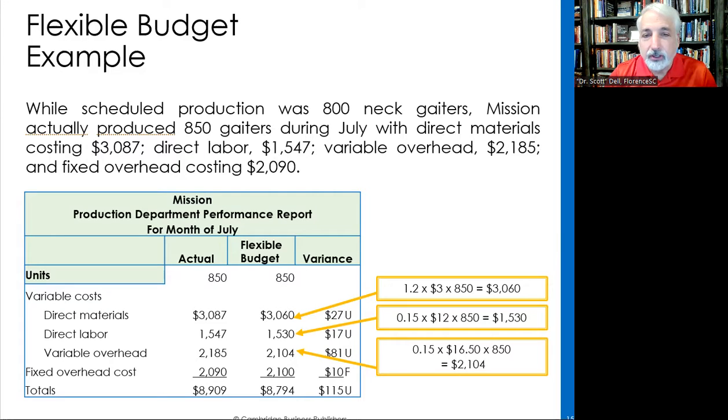Well, with direct materials cost, direct labor, variable overhead, we're going to have a variation for those 50 extra units produced. So now we have new dollar amounts for direct materials, new dollar amounts for labor, new for variable overhead. Fixed, by the way, will usually be pretty consistent.